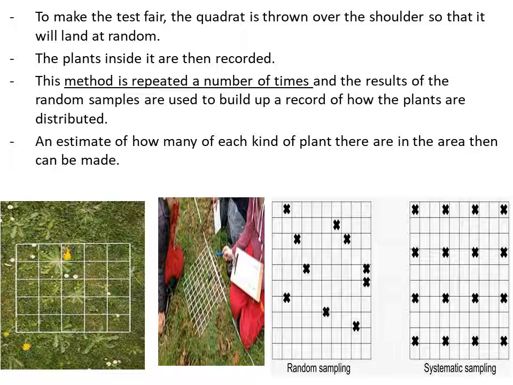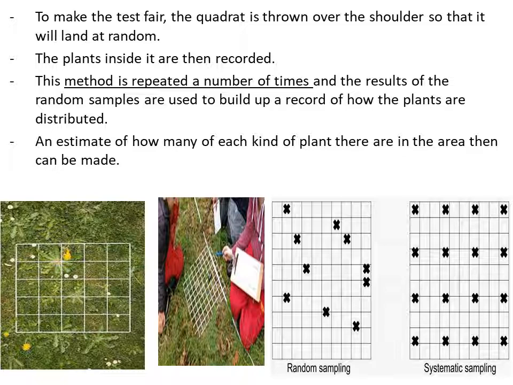After that, I will estimate how many of each kind of plant there are in the area. We said I'm going to do it randomly and repeat it different times, then see the different places, then estimate according to the information that I had.